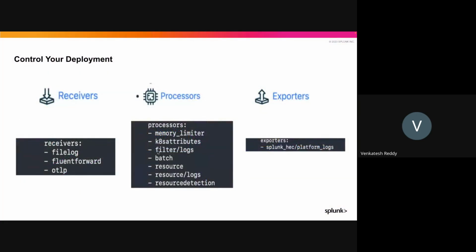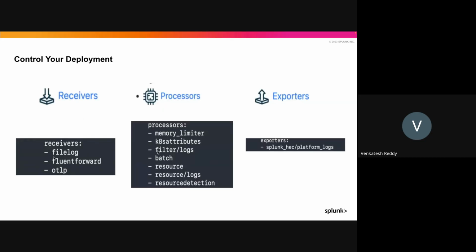Okay, so as I described, we have receivers, processors, and exporters, and there are other attributes, but we are mainly focusing on these three things.